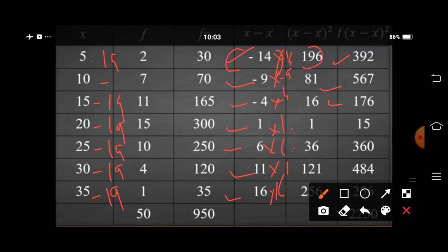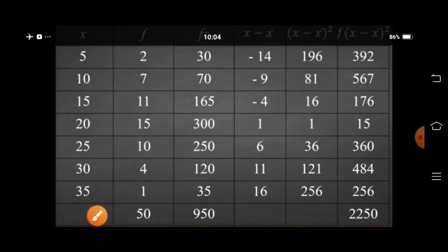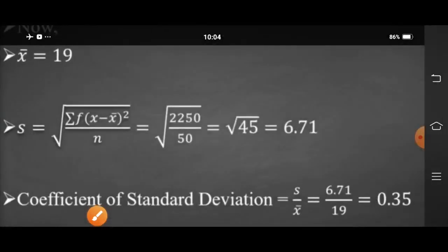So we have to multiply 196 with f. 2 multiplied by 196, we get 392. 7 multiplied by 81 equals 567. 11 multiplied by 16 is 176. 15 multiplied by 1 is 15. 10 multiplied by 36 is 360. 4 multiplied by 121, we get 484. 1 multiplied by 256, we get 256. Then the total of this is 2250. Now put it into the formula.